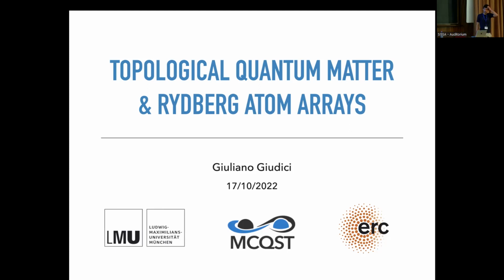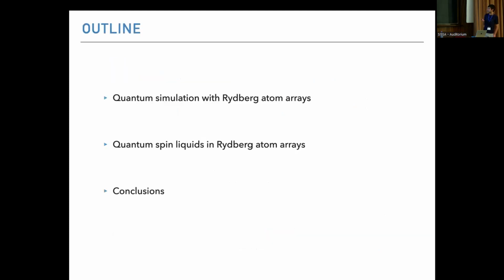I'm sorry that my talk is not really about statistical physics, but I hope you'll enjoy it anyway. I'll try to be very quick because we are very close to lunch. As you can see from the title, it will be about Rydberg atom arrays and how to use them to make quantum simulations of topological matter. As I don't have much time, the outline is very brief.